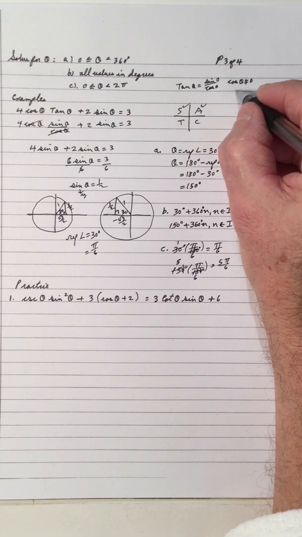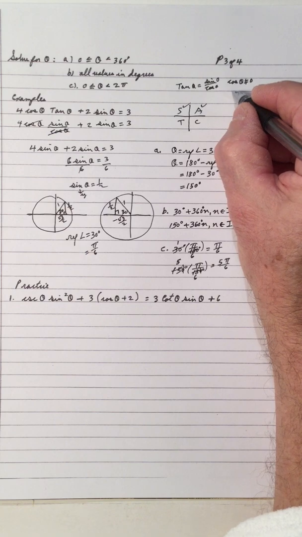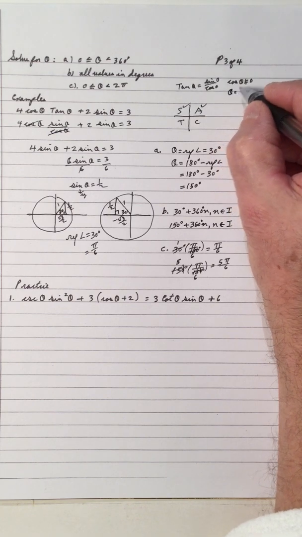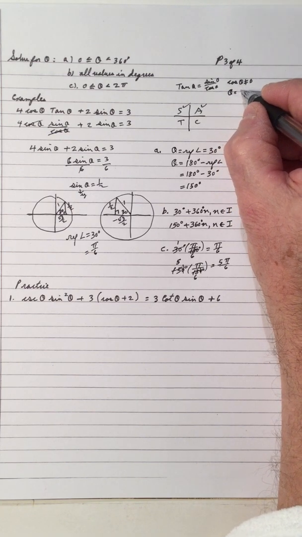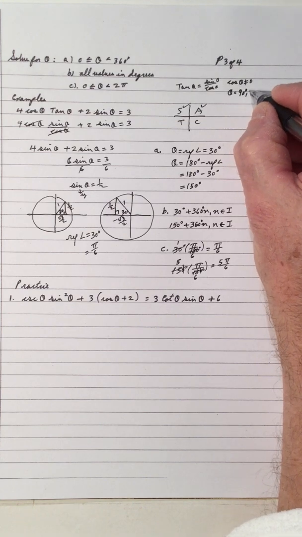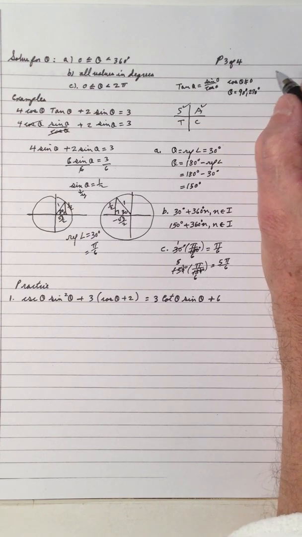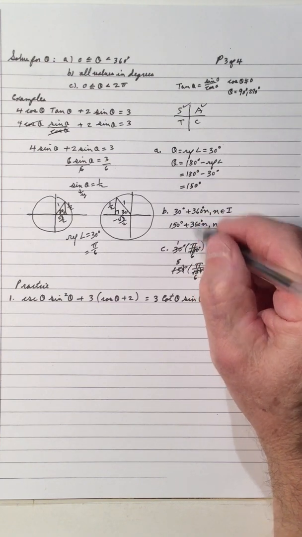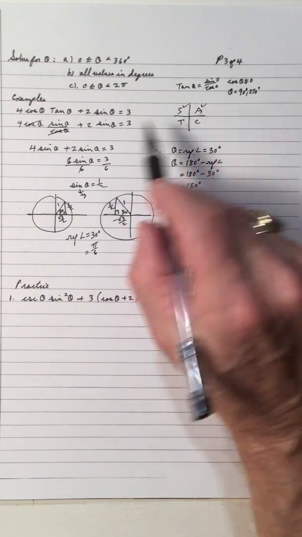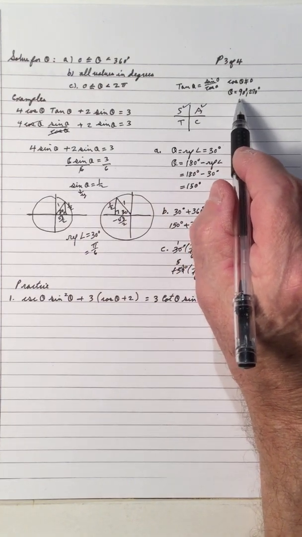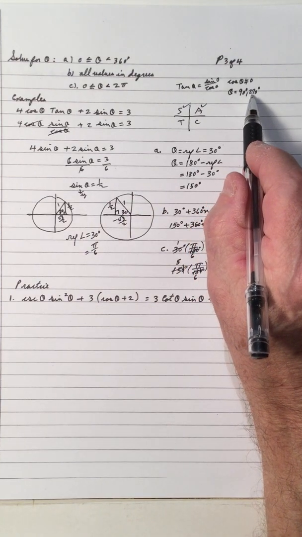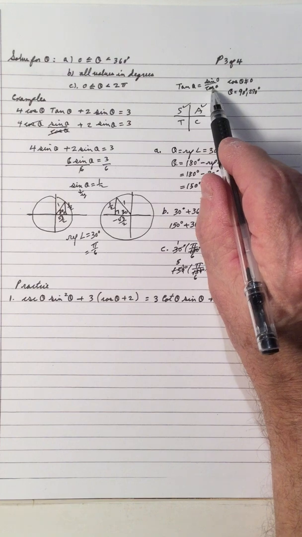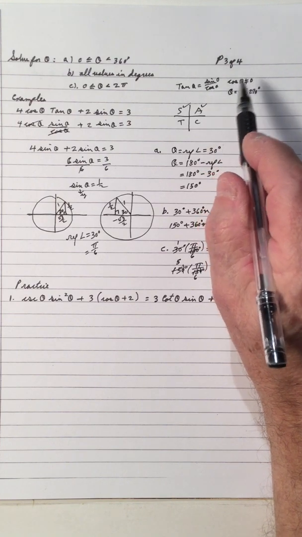Cos is 0 at your 90 and your 270. So if these angles here came out to be 90 or 270, you wouldn't be able to use them. Because remember, the tan of 90 is undefined. The tan of 270 is undefined because cos is 0 in your denominator.